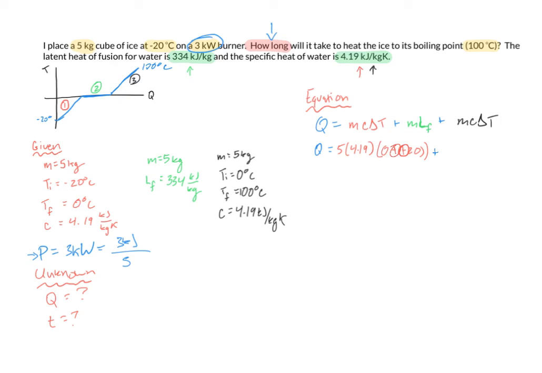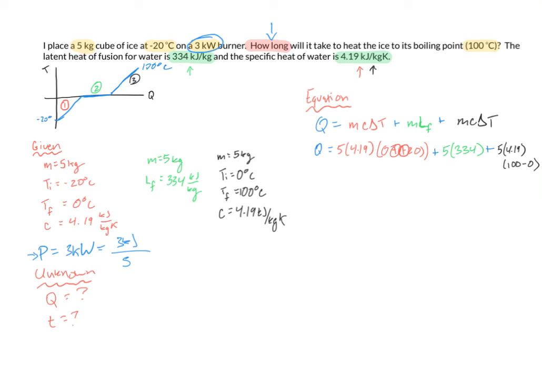Okay, so let's go ahead and add in our mass and latent heat of fusion. So we have 5 times 334 plus our last MC delta T, 5 times 4.19 times 100 minus 0. And this is just plugging in all of my givens into my equation.